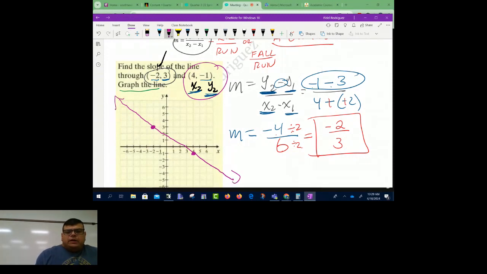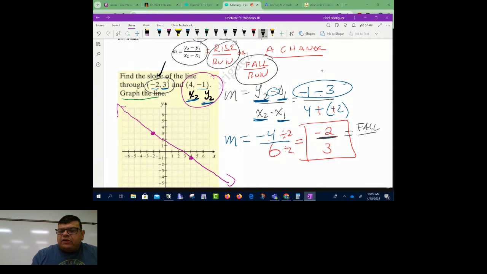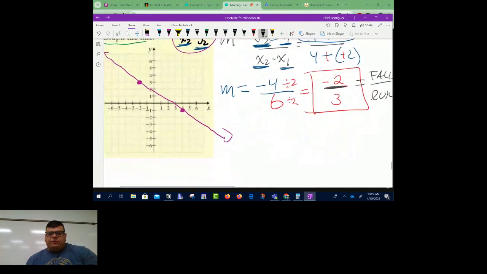Okay. Now, y'all, when we were talking about the slope, I told you we're either going to think about this as the rise over the run or the fall over the run. Y'all, because this number was a negative 2, I'm going to think about that, the fall over the run. Okay, let's see what this is going to tell me.